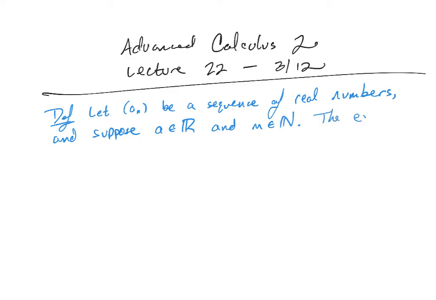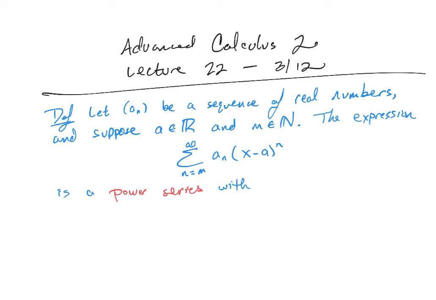Then the expression sum n equals m to infinity of a_n times (x minus a)^n is a power series with center a.